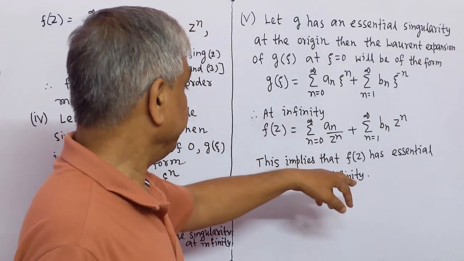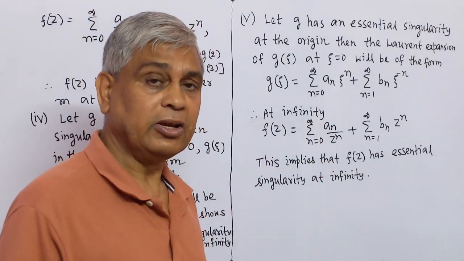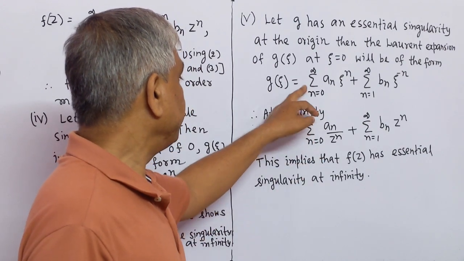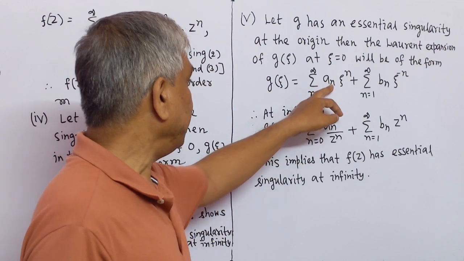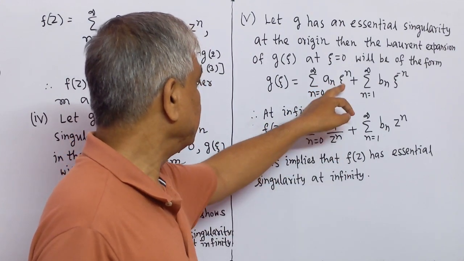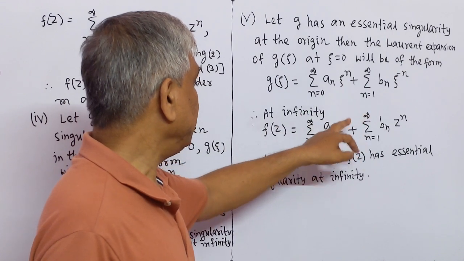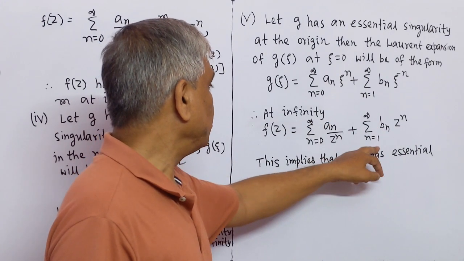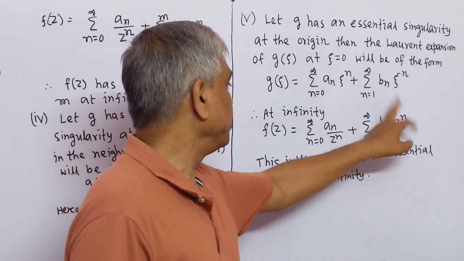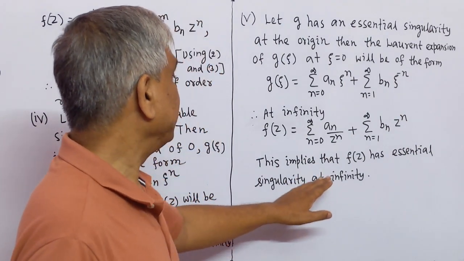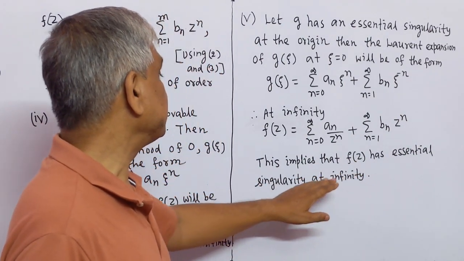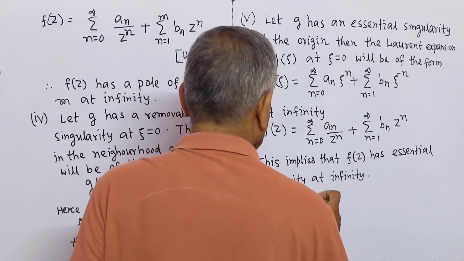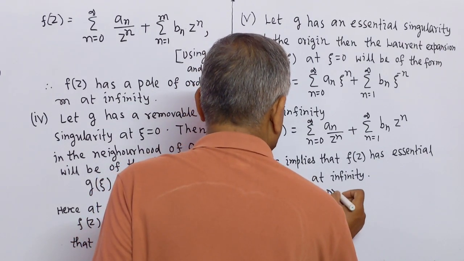Therefore, at infinity, using 2 and 3, we get f(z) = sigma n equal to 0 to infinity a_n / z^n, where 1/ξ equal to z, plus sigma n equal to 1 to infinity b_n z^n. This implies that f(z) has an essential singularity at infinity. Therefore, the theorem is proved.